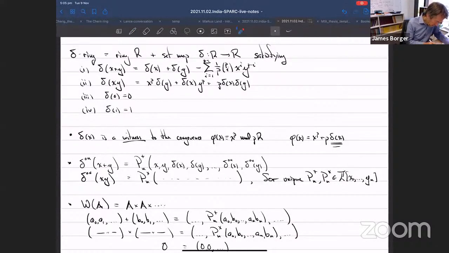Then if you iterate delta n times, you can, in principle, expand out this sum, applying these rules again and again, and you get some big polynomial expression in the lower iterates of delta applied to x and y individually, and similarly for multiplication.